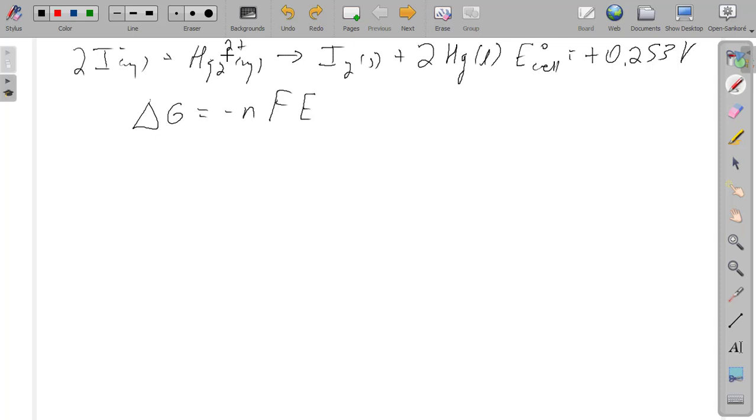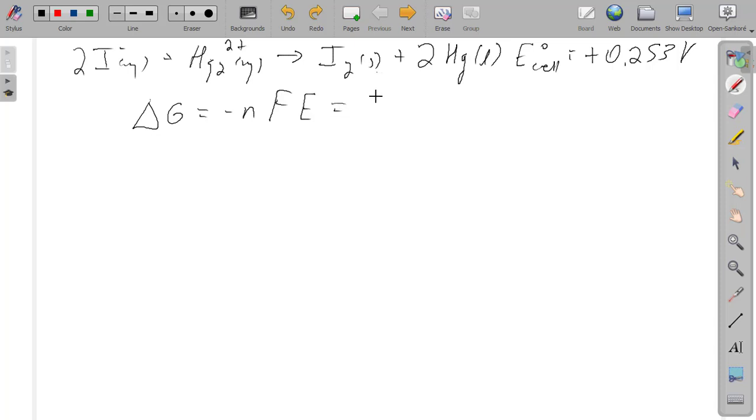So if you did the half reactions, then 2 iodides going to iodine, that means that 2 electrons are also moving. Hg2 2 plus to make 2Hg0, 2 electrons are moving there as well. So N is going to be 2 for this reaction, but do whatever you need in any given situation. Write the half reactions if necessary to make sure that you know how many moles of electrons. This one's pretty straightforward to see, though, that it's 2 moles of electrons that are moving.